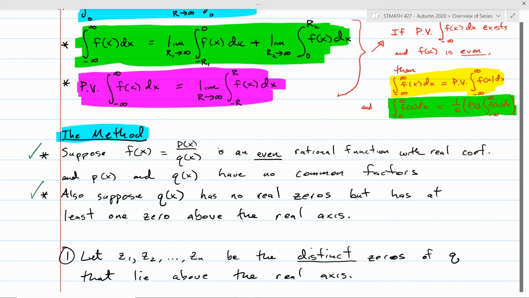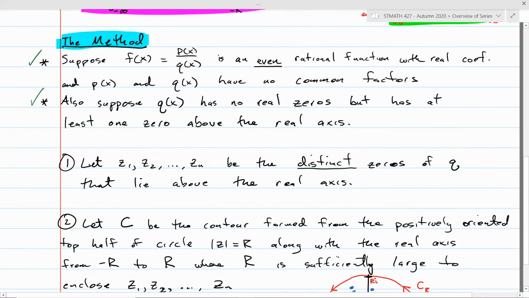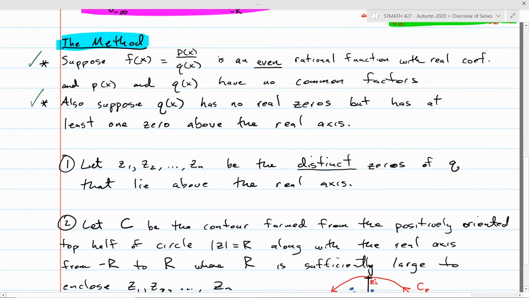So that's our setup. Here's how the method goes. First of all, we're going to name those distinct zeros of Q that lie above the real axis Z1, Z2, up to Zn, okay? We don't care about the zeros of Q that lie below the real axis. We're only using the ones above the real axis.